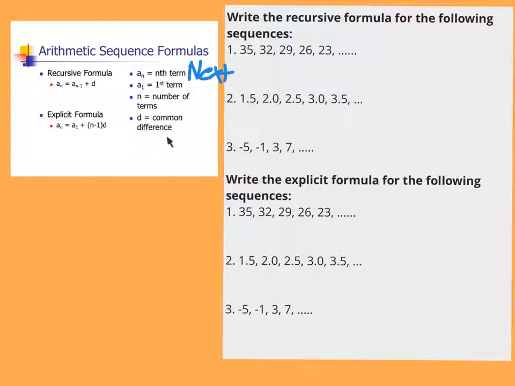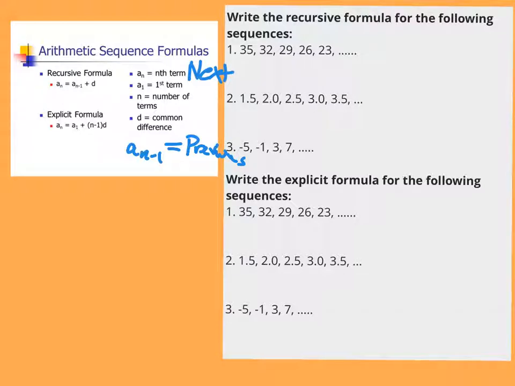D is the common difference. And the other thing I want to point out to you is this a sub n minus 1. A sub n minus 1 is the same thing as the previous term. So if a sub n is the next term, if I go one before the next term, that's the previous term. All right, so let's take a look at the recursive formula.